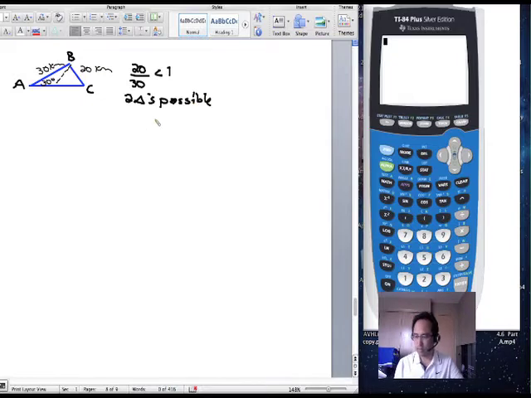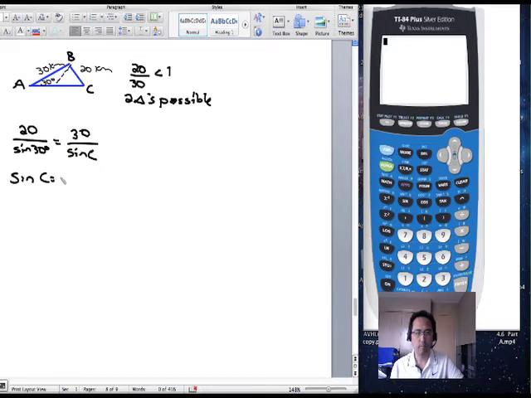Okay, so let's start with some calculations down here. We'll go with this one first. So we'll go 20 sine 30 degrees is going to be equal to 30 sine C. So we end up with our angle C being 48.6 degrees.